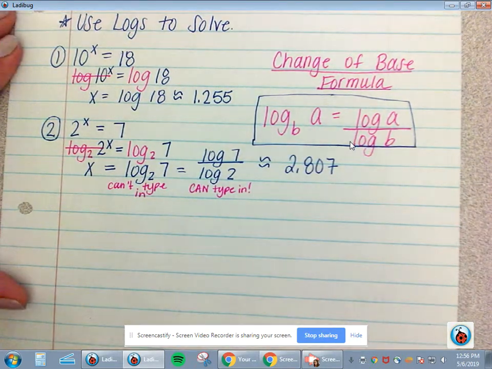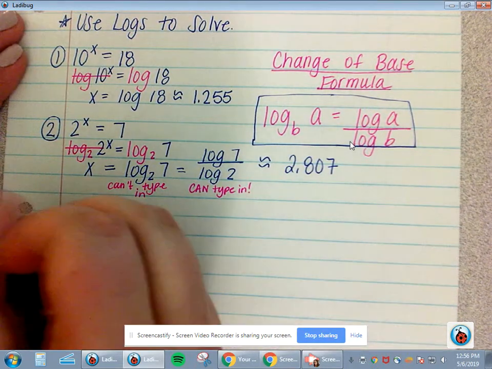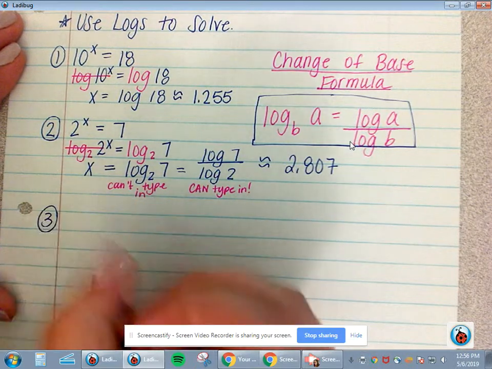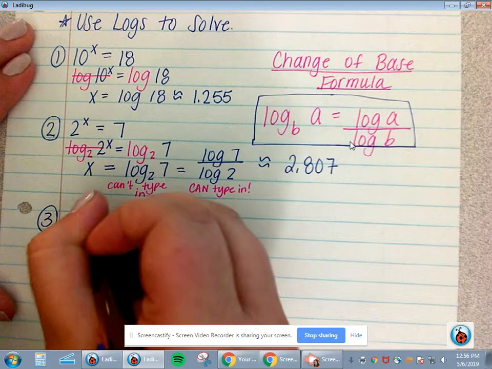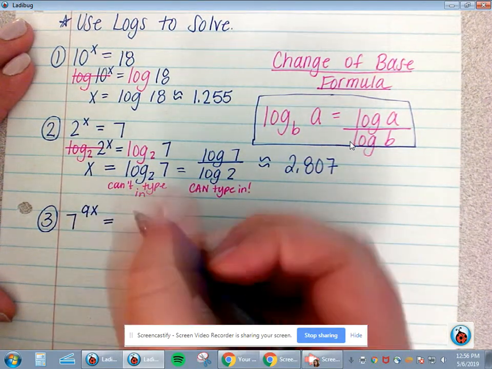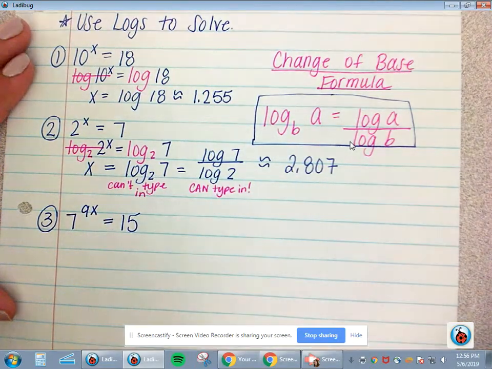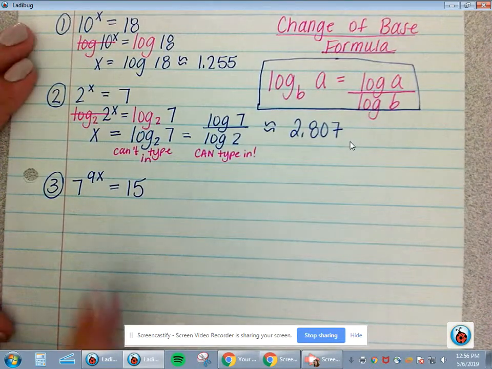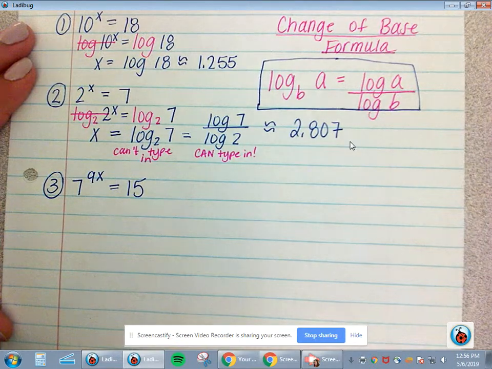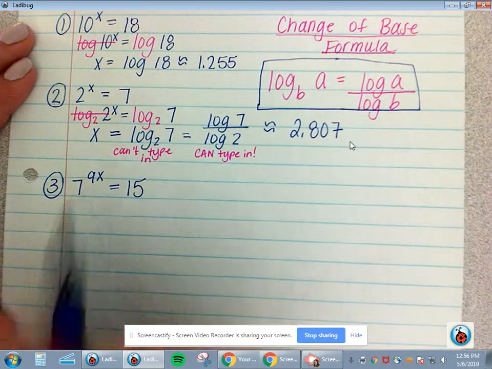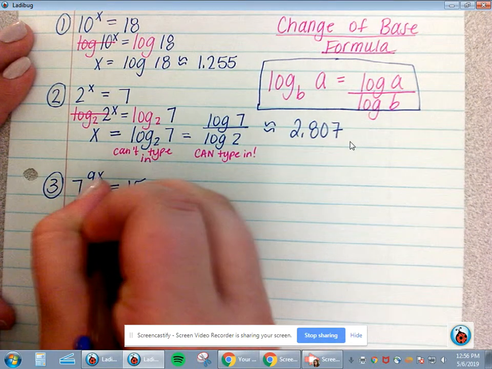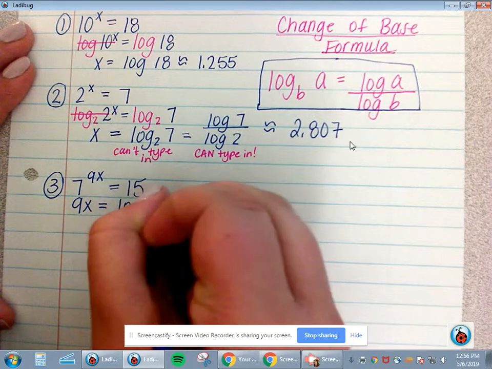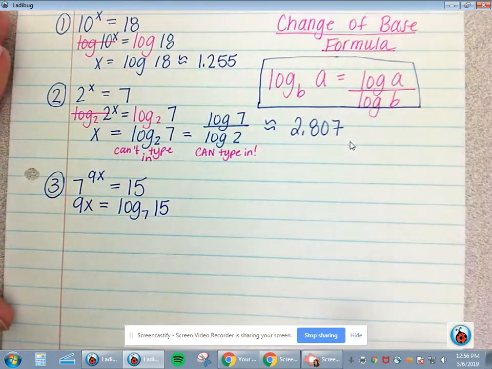All right, let's do another one. How about 7 to the 9x equals 15? So you might be noticing the trend here. We're going to do log base 7 both sides. When I do my log base 7 to this side, the 7 will go away. It'll just be 9x. And over here, I need log base 7 of 15.